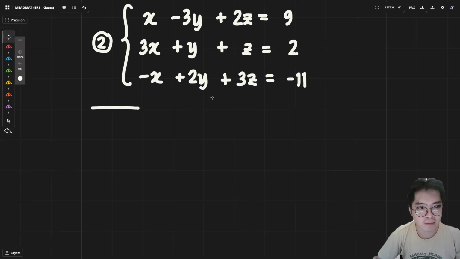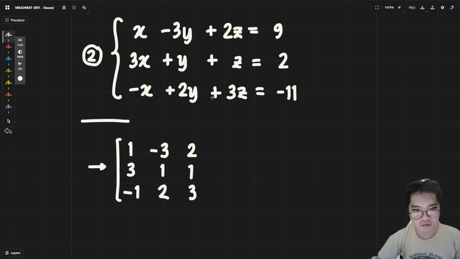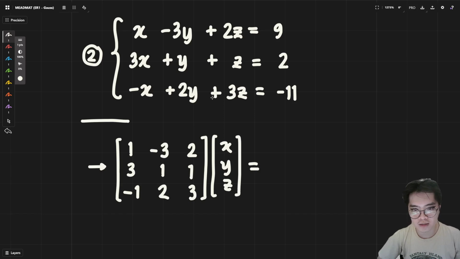Cramer's rule is now basically creating the matrix form. Hopefully, you guys know the pattern by now. 1, -3, 2, 3, 1, 1, -1, 2, and 3. This is now x, y, and z. This is going to be 9, 2, -11.